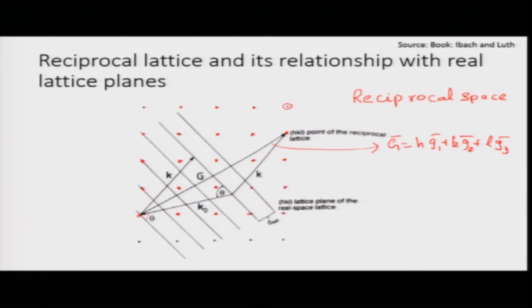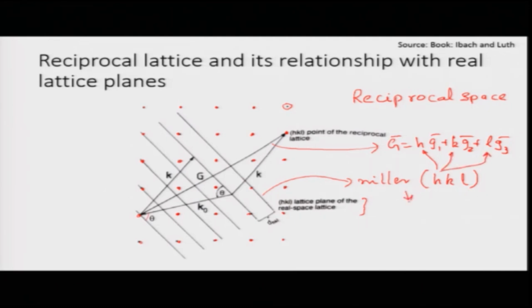Now, if we consider this vector, which is some particular combination of H, K and L, then the lattice planes, which are these black lines that are drawn, these are atomic real space lattice planes which have Miller's indices H, K and L corresponding to this.